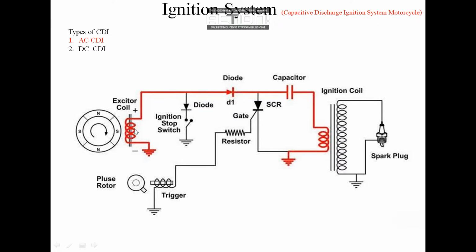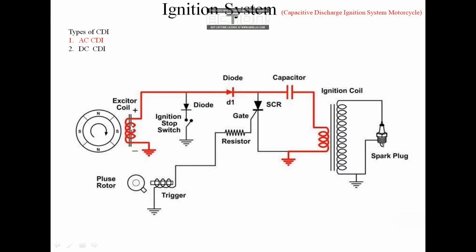This is your ignition, or we can say your exciter coil windings, present over here. As the magnetic field continuously moves with respect to the conductor, a current starts to flow through this winding. We know current flows whenever the magnetic field is cut by the conductor.